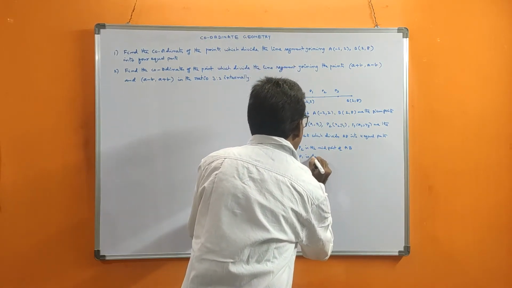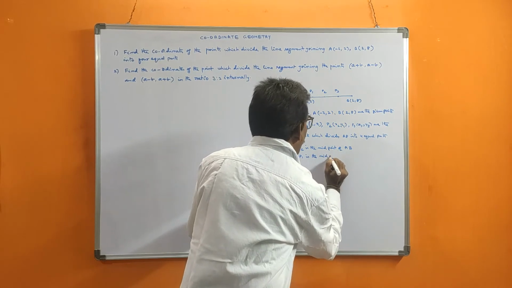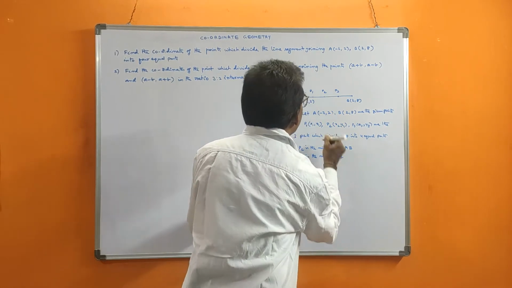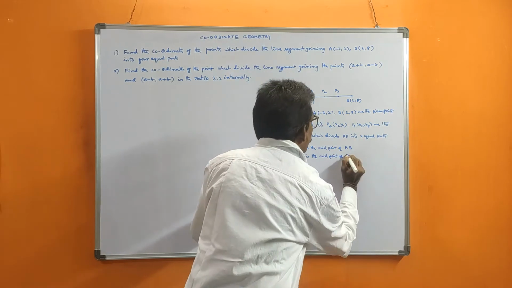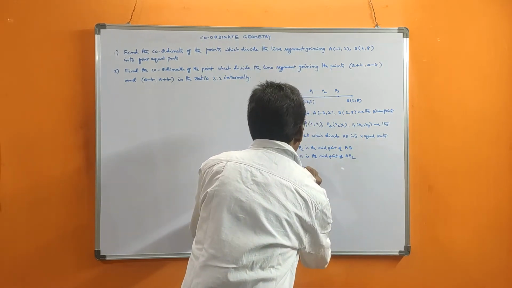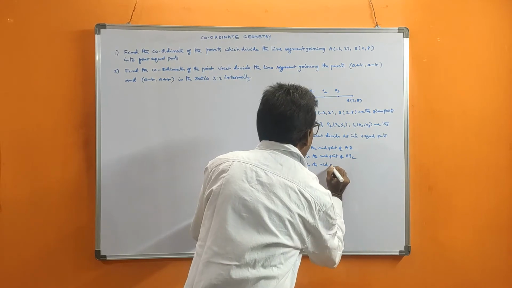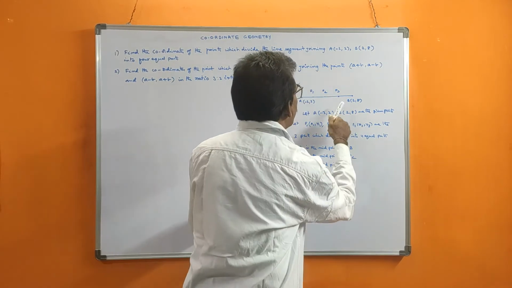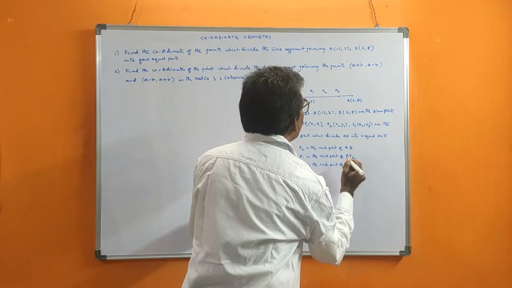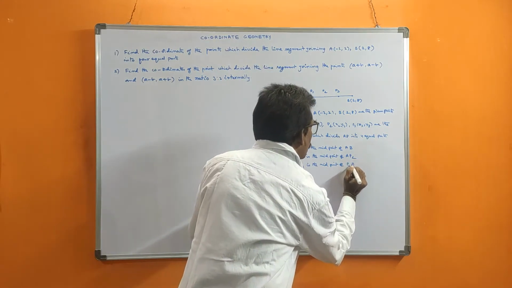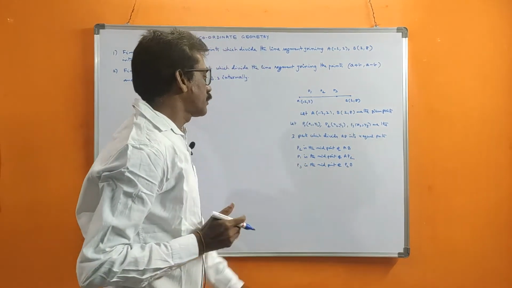P1 is the midpoint of AP2. P3 is the midpoint of P2B. This condition we know because of 4 equal parts.